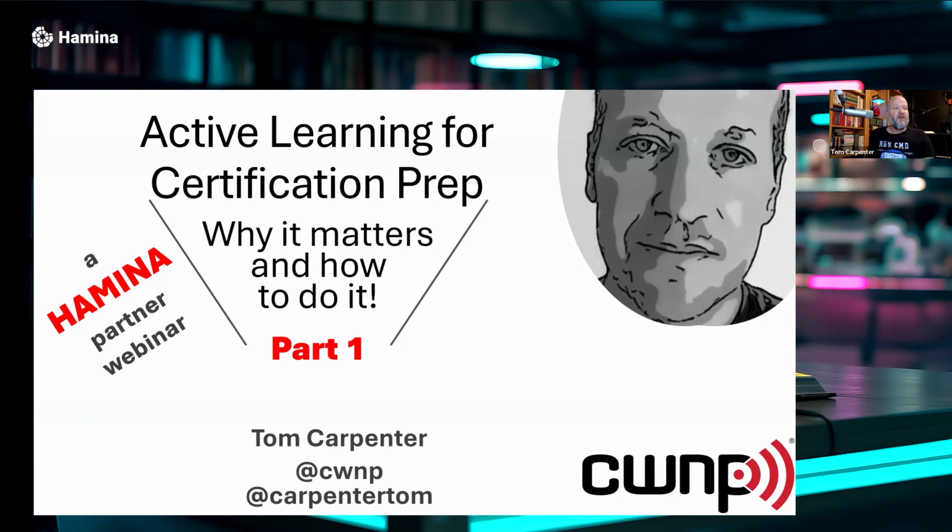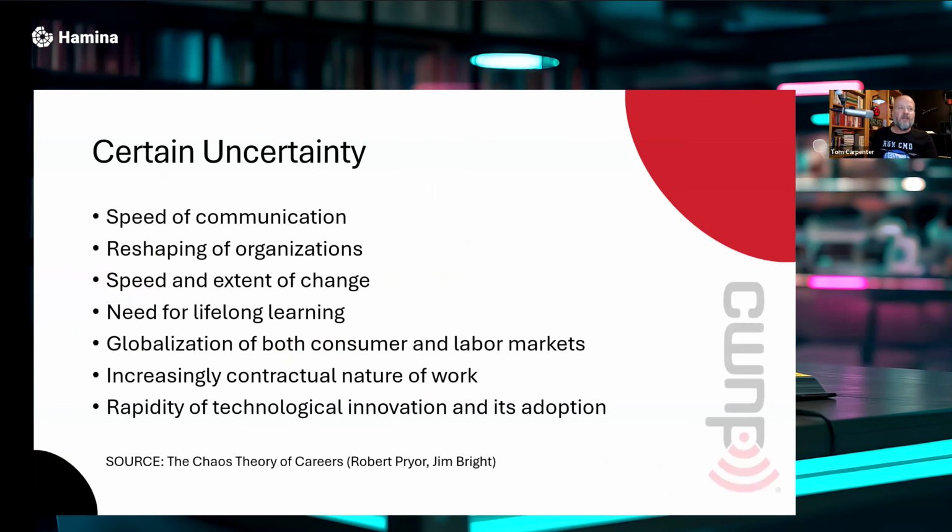I love it. Okay. So, what we're going to do is go over why learning is important to you, first of all. Second, we'll get into this topic of active learning and why it's important. Then we'll jump in to see how we do it. The first thing is the reality that there's one thing that's certain about our future, and that is uncertainty. When we look at career management, for example, we talk about teleological versus aleological career management.